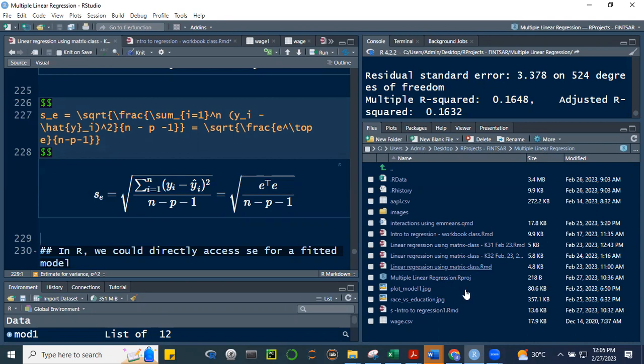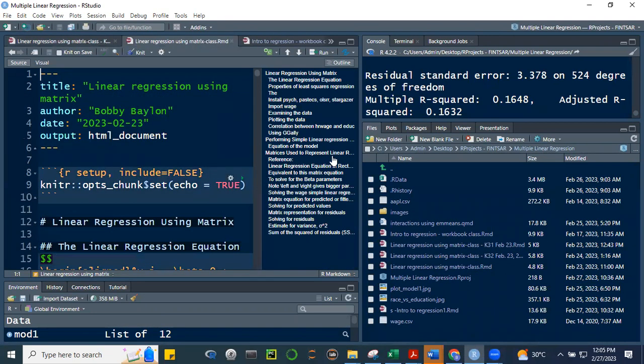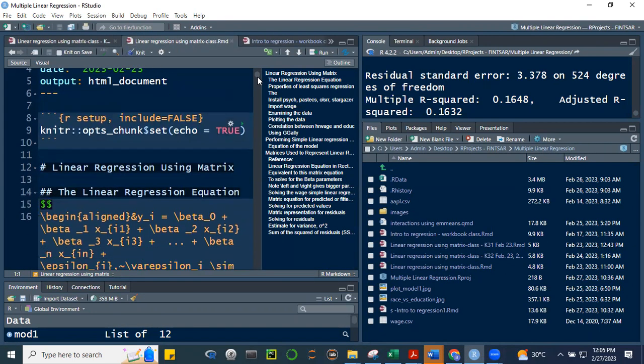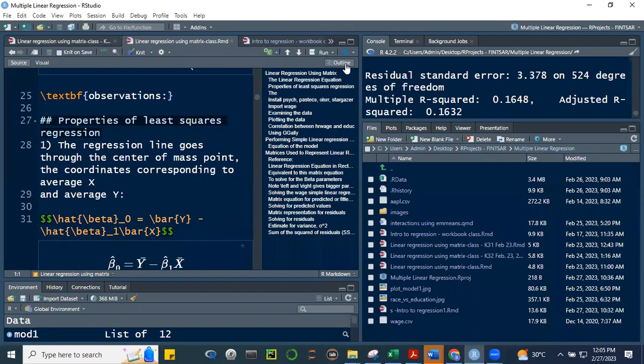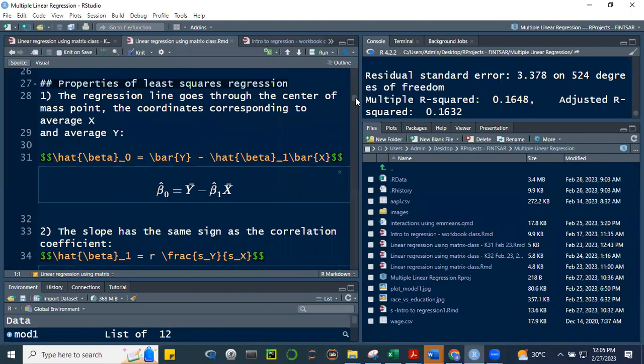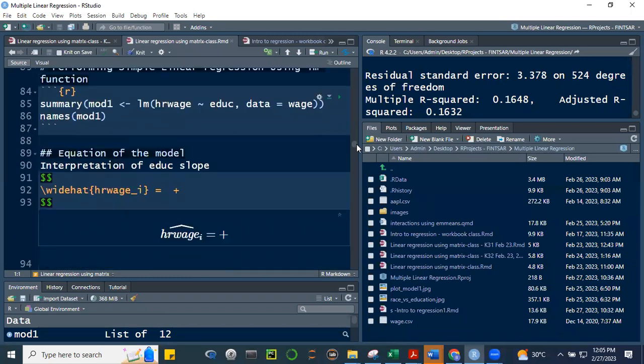Let me just open this. Yun ang kagandahan dito sa projects, no? I think I wrote the equation para mas mabilis tayo.